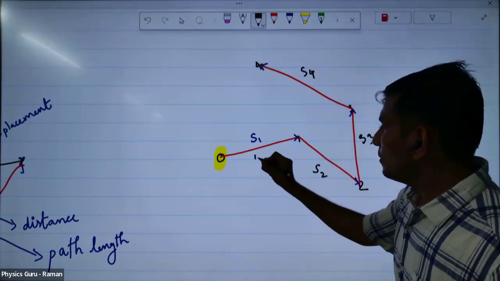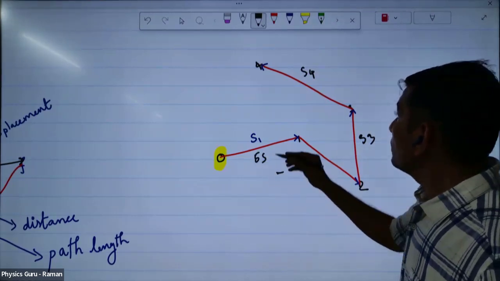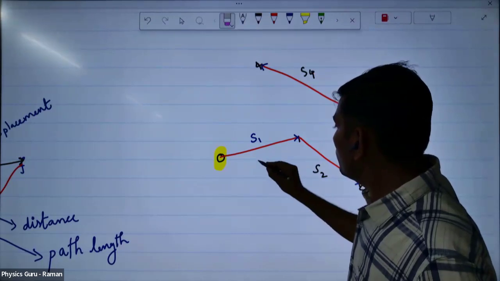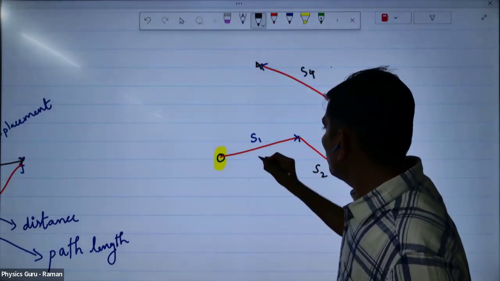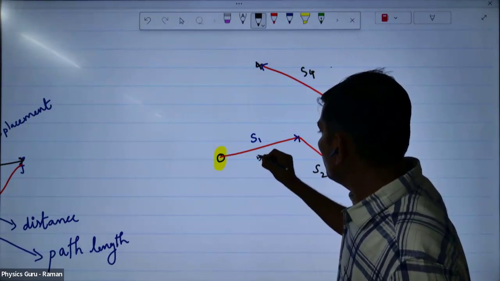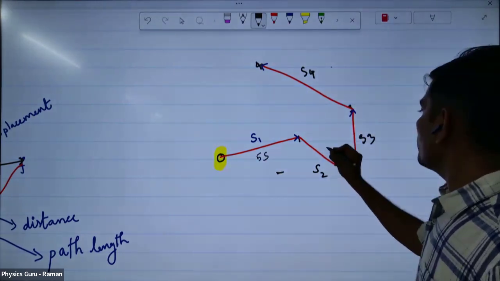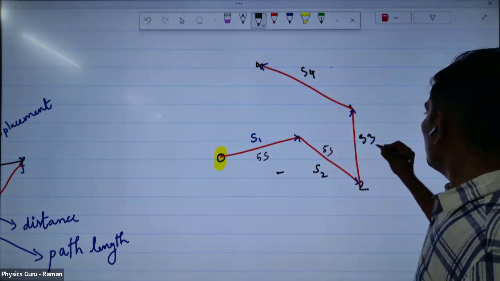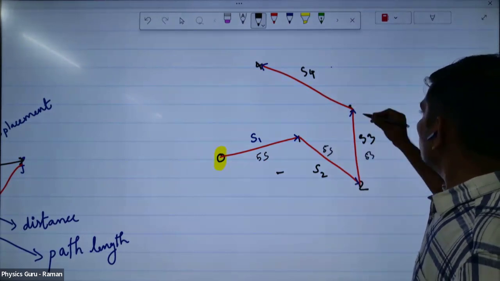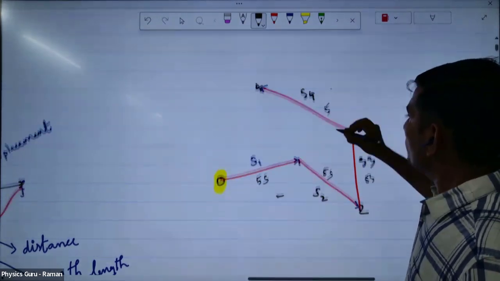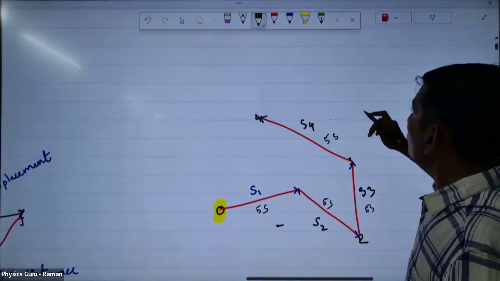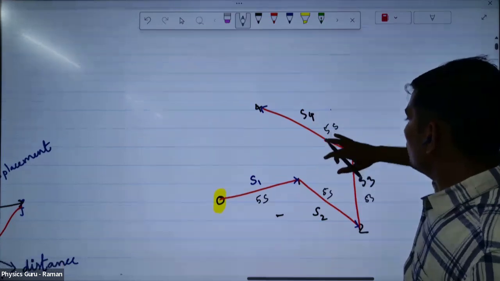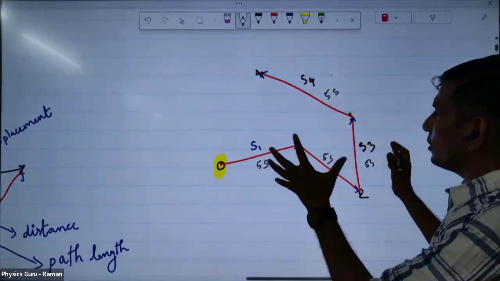So here it is 5 seconds. And here it is 5 seconds. And here also it is 5 seconds. 5 seconds. Each segment is traveled in 5 seconds.